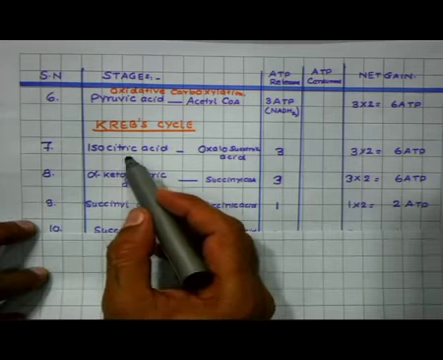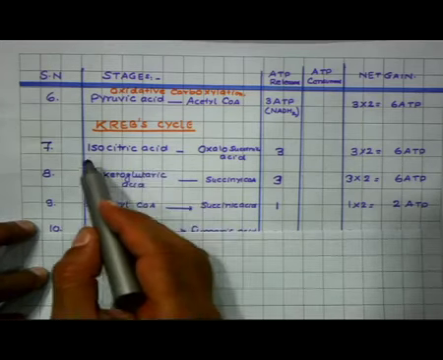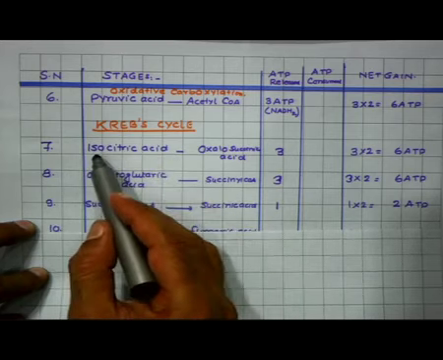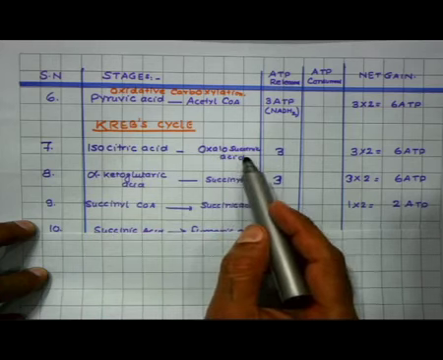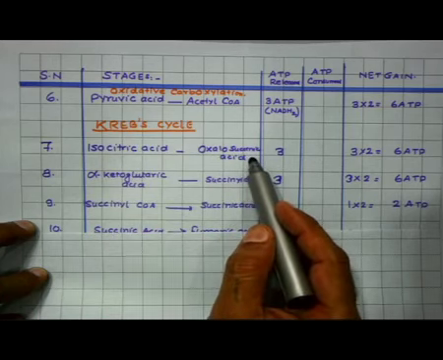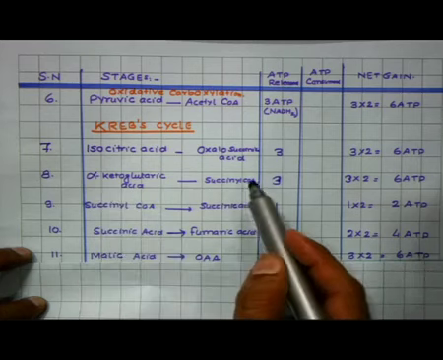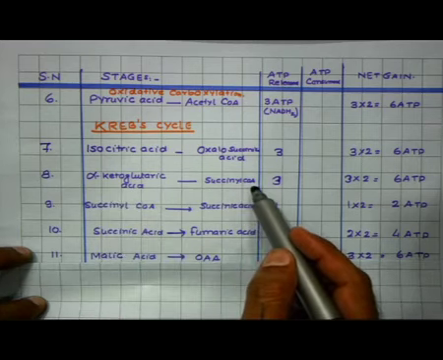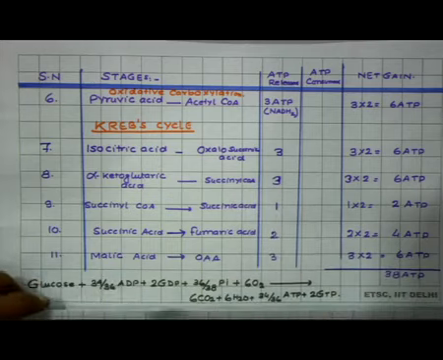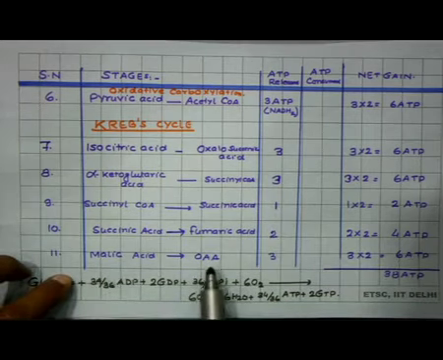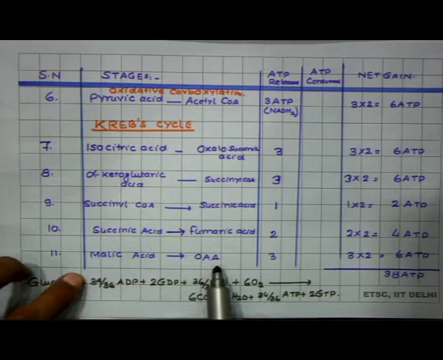Now, in the Krebs cycle we have seen the first NADH2 is formed when isocitric acid is converted into oxalosuccinic acid, the second when alpha ketoglutaric acid is converted into succinyl coenzyme, and the third when malic acid is converted into oxaloacetic acid.